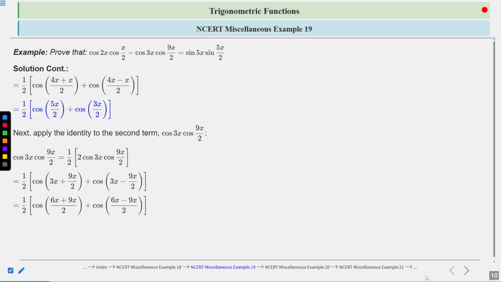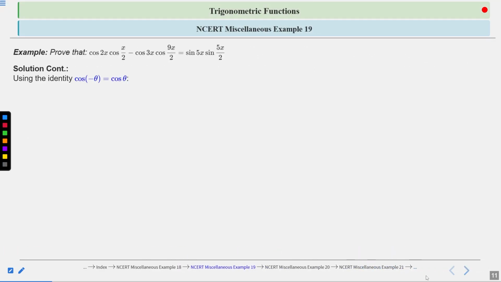That is 1 by 2 times cos 6x plus 9x by 2 plus cos 6x minus 9x by 2, which will be equal to 1 by 2 times cos 15x by 2 plus cos minus 3x by 2. Now using the identity cos of minus theta equals cos theta, we get 1 by 2 times cos 15x by 2 plus cos 3x by 2.